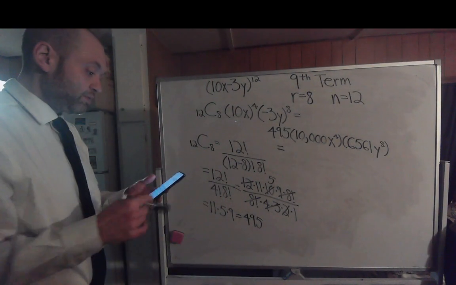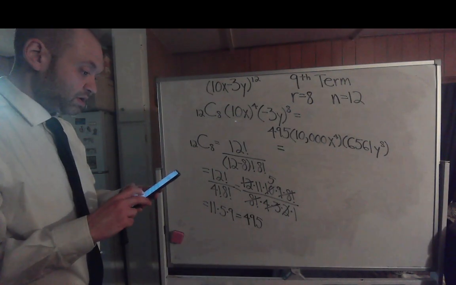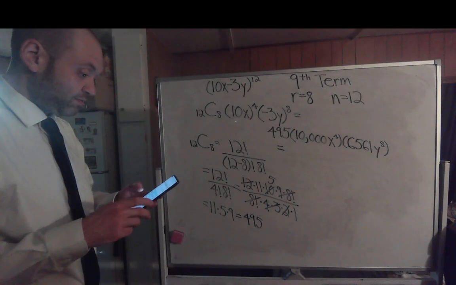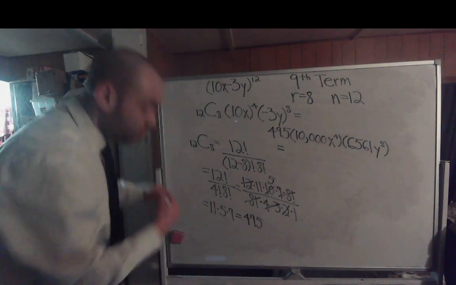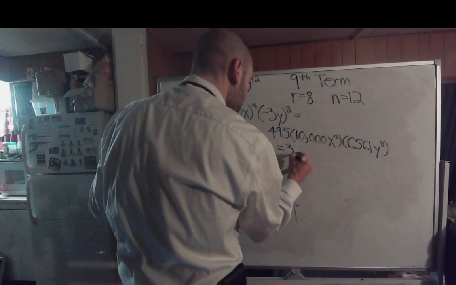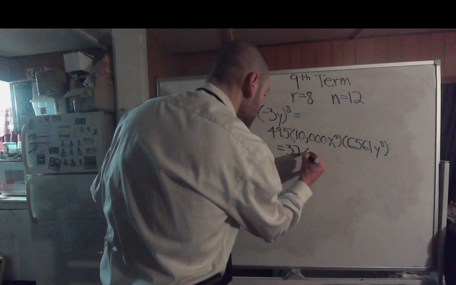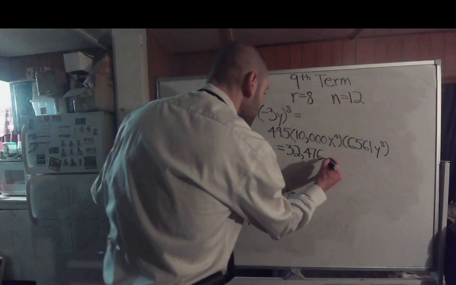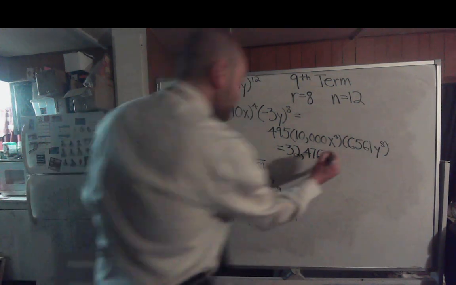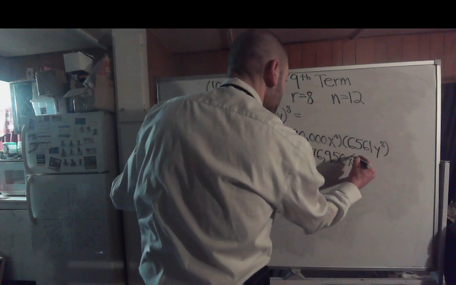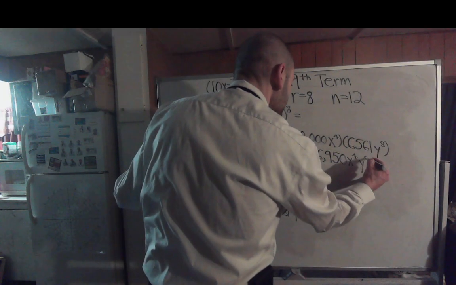So this is about to be a lot of fun. We're about to get a really huge number. Now times another 495. Wow, so you get 32,476,950,000 x to the 4th, y to the 8th.